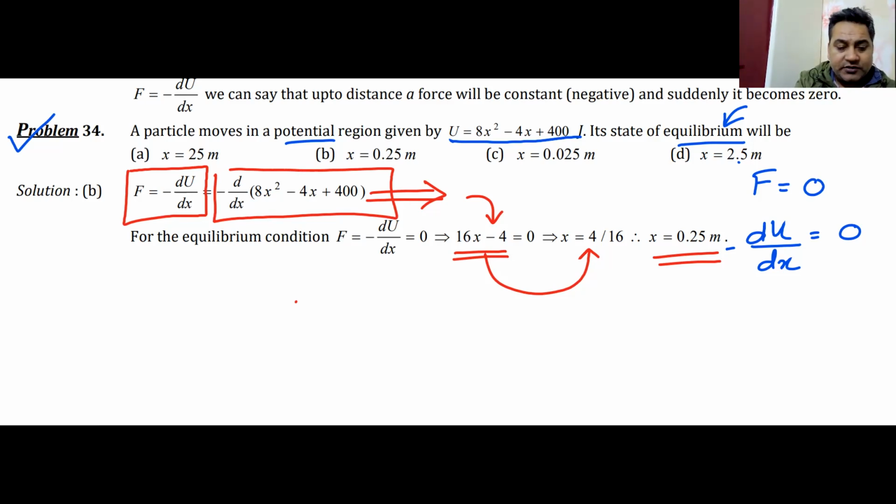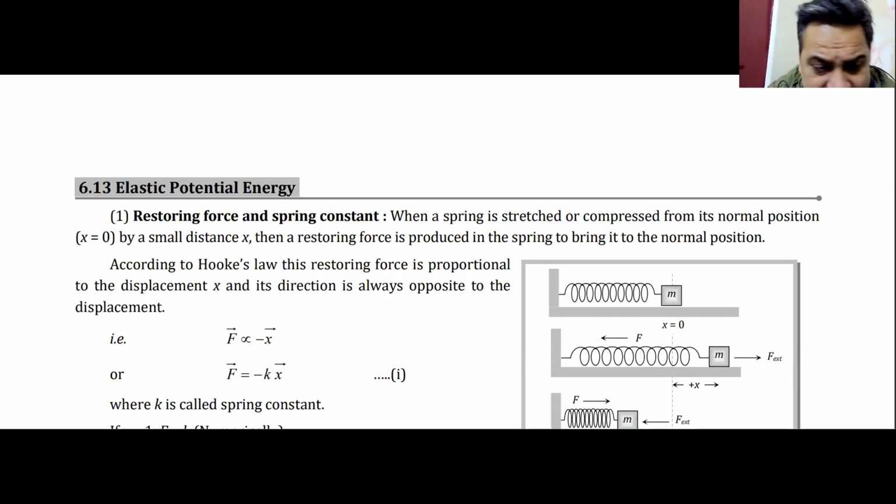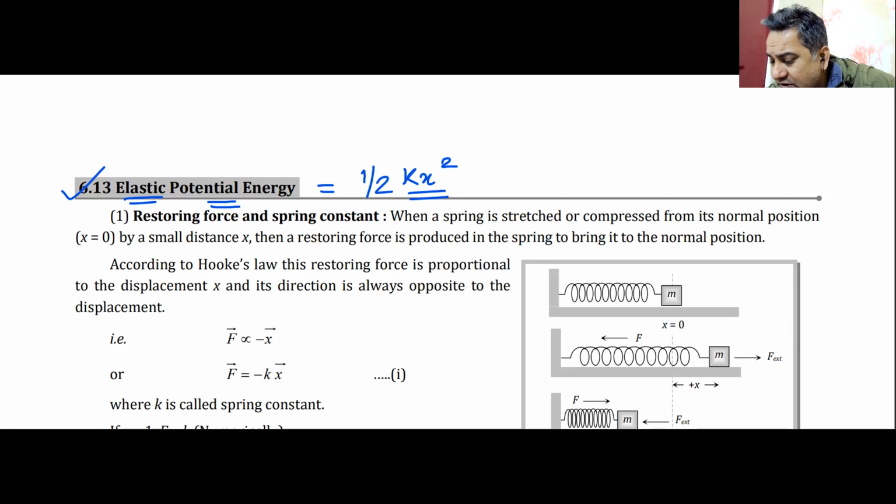So let us now move ahead and write the next heading: elastic potential energy, spring potential energy. We already know that the spring potential energy is equal to half kx square. All of us know this, but here this is explained in great detail, and even the force is explained here.